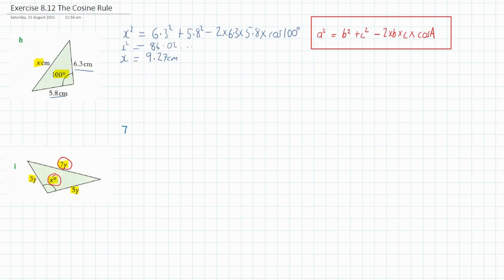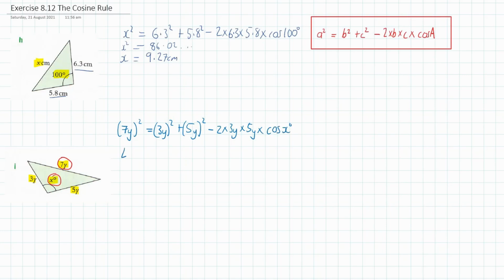So we're going to go 7y, and that's going to be squared, equals 3y all squared plus 5y all squared minus 2 times 3y times 5y times cosine x.